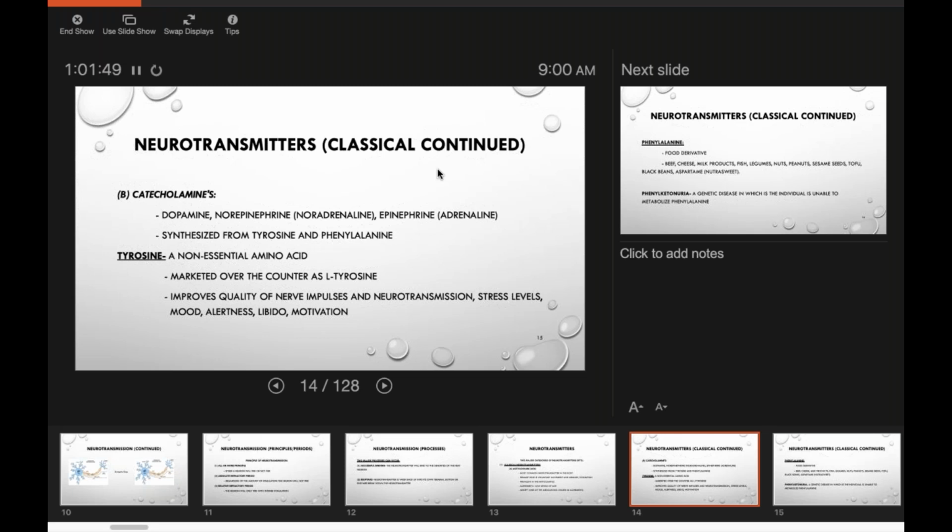Let's take our Parkinson's patients. Parkinson's patients, say for example, are taking levodopa or L-dopa. Why? Because Parkinson's is a degeneration of the basal ganglia of the substantia nigra, right? The basal ganglia holds dopamine, it stores it. You think of it as a holding tank.